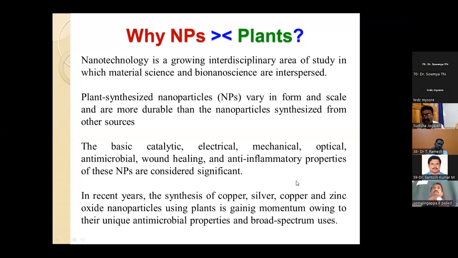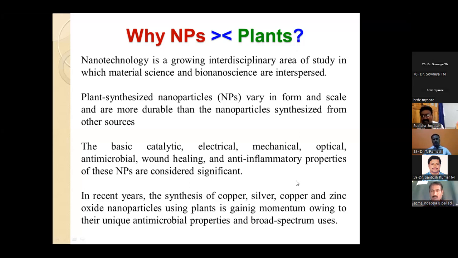Keeping this in mind, we consider metals that are less toxic and eco-friendly, which do not affect nature. So for those syntheses, the metal ions we mostly consider in our studies are copper, silver, selenium, which is of course a little bit toxic, and zinc.